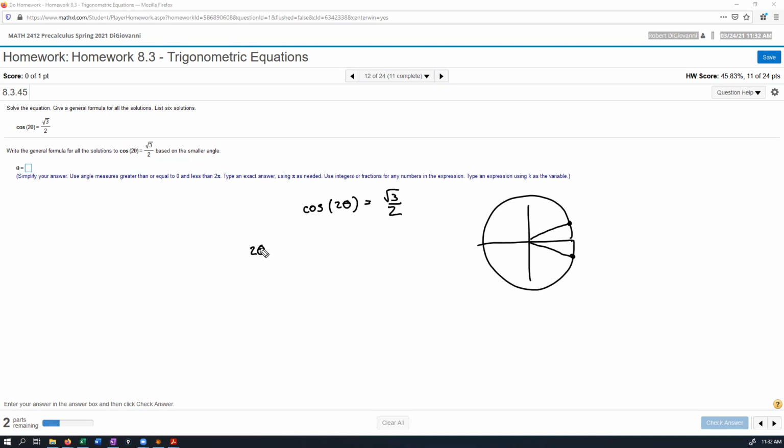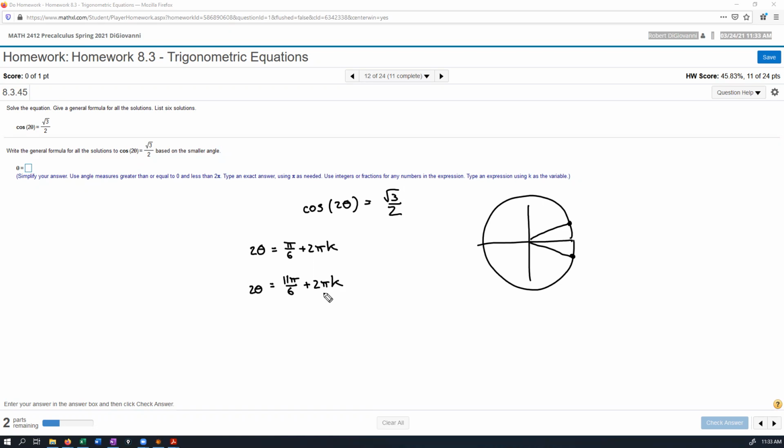So 2 theta must be equal to, let's do the first one, pi over 6 plus 2 pi k. And the other answer is 11 pi over 6 plus 2 pi k. All right, so that's these 2 angles.